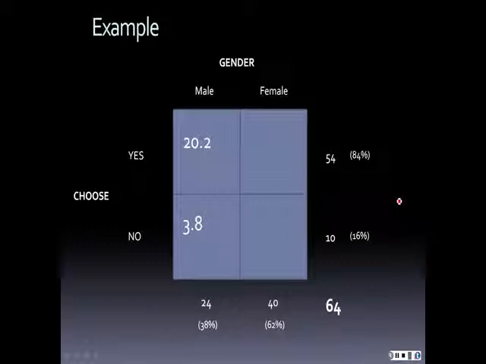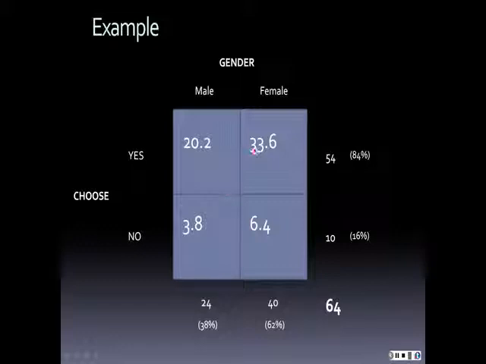Similarly, if there was no relationship between choice and gender, we would expect 84% of our 40 women to say yes. So 84% or 0.84 times 40 would give us 33.6. And 16% of our women would say no. 0.16 times 40 would give us 6.4.